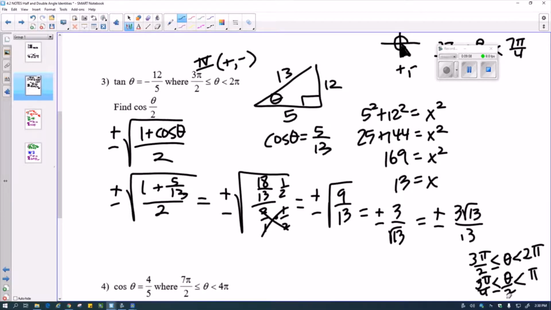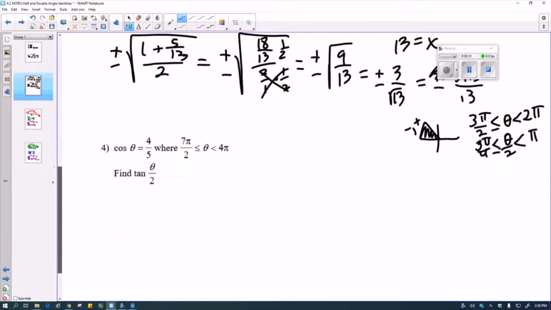And so between 3 pi over 4 and pi, that's in the second quadrant. And in the second quadrant, the cosine is negative. So again, that means I'm only interested in the negative answer. So negative 3 times the square root of 13 over 13 is what I meant. And this one is the tangent one again.